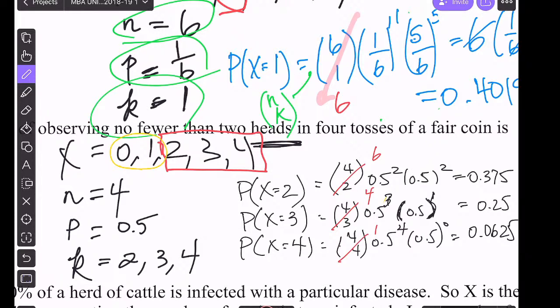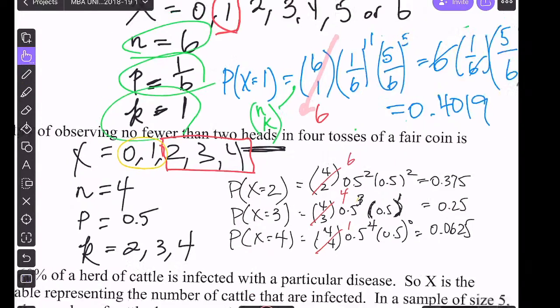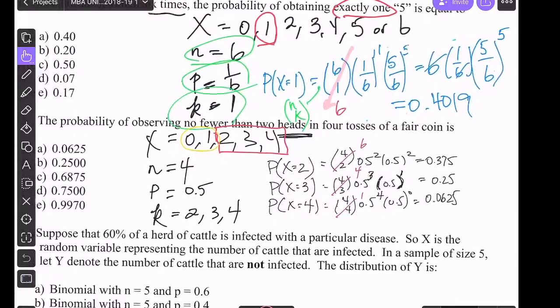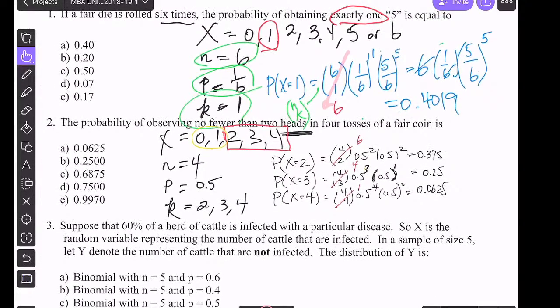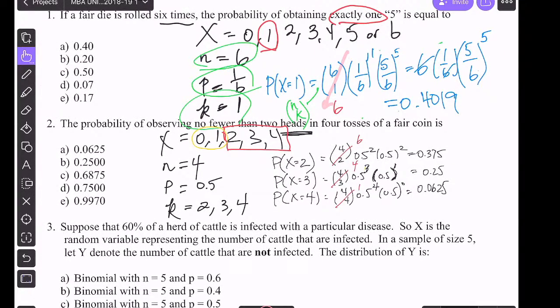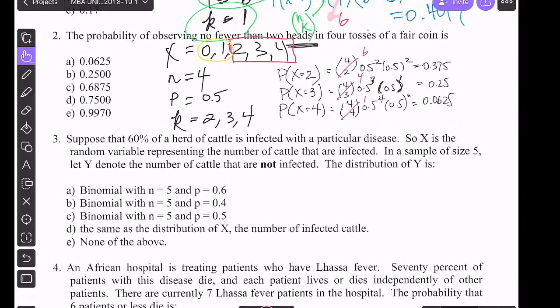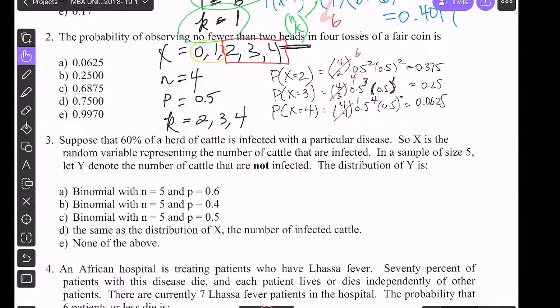Okay, any questions? Do you have the hang of this? Are we finished? What you need to do is sum them to find the answer. Okay, these are mutually exclusive results.